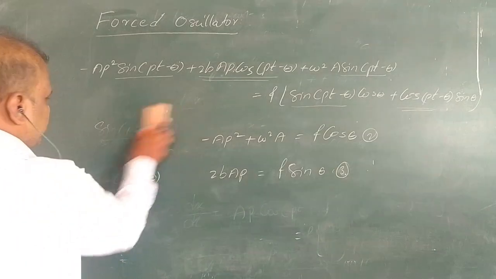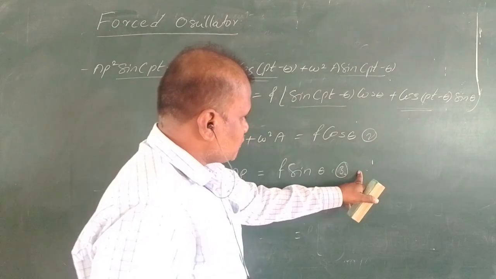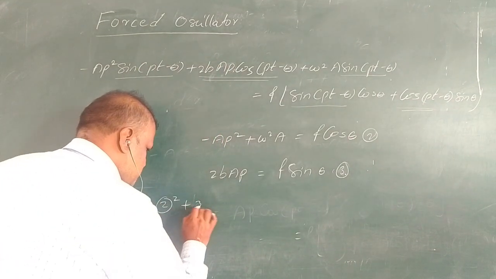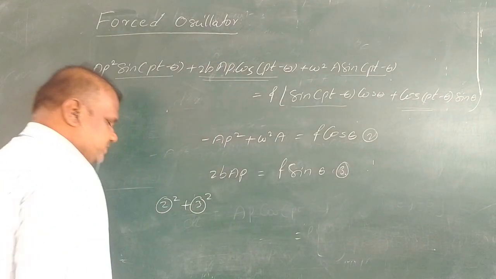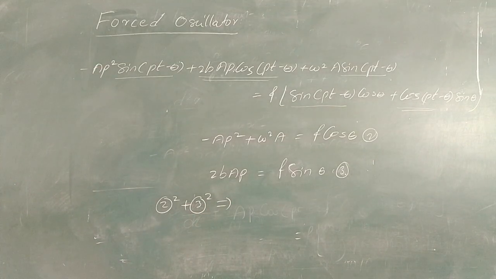Now I am going to square these two equations and add: equation number 2 squared plus equation number 3 squared.